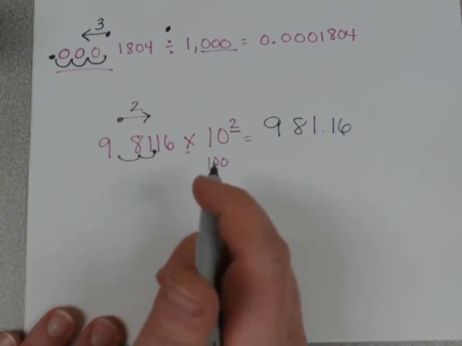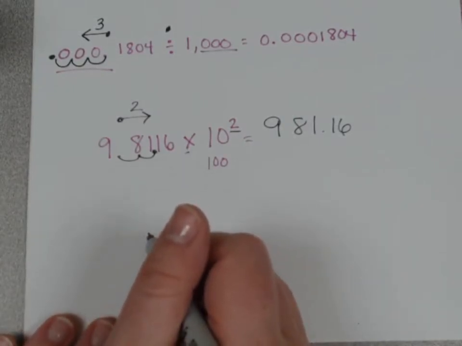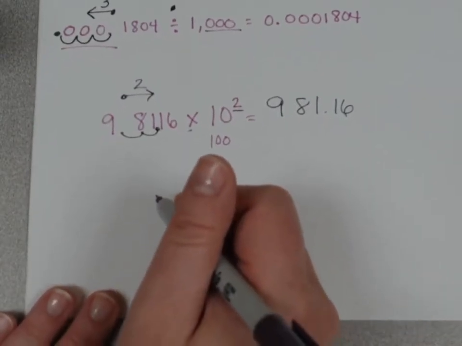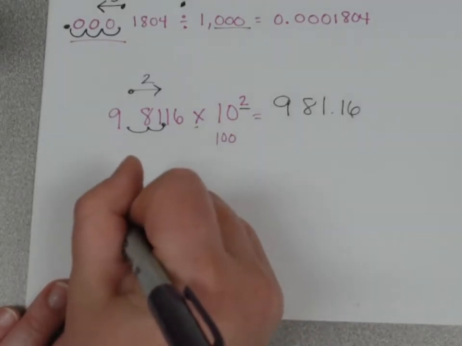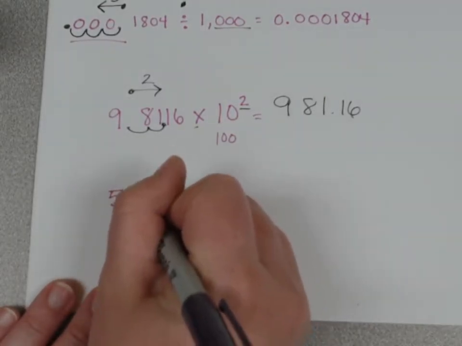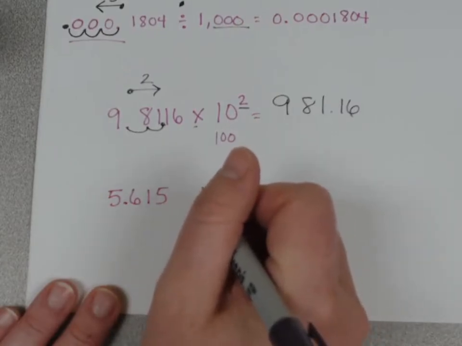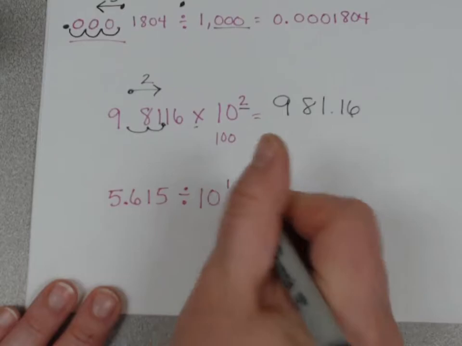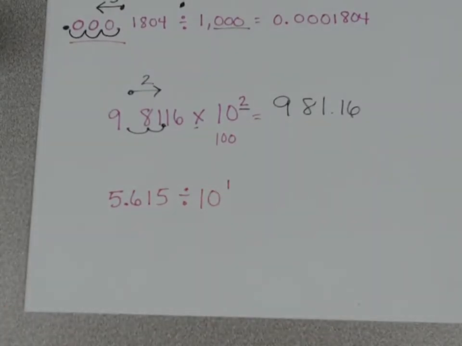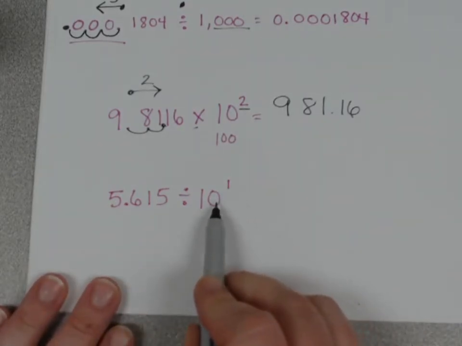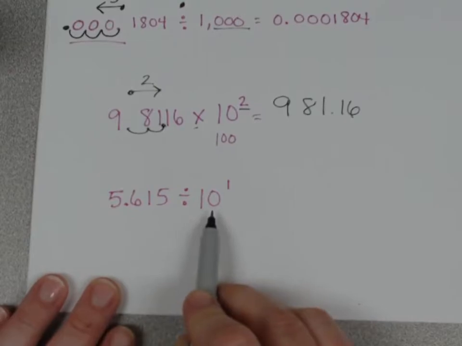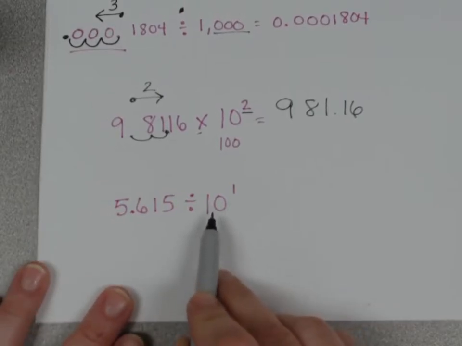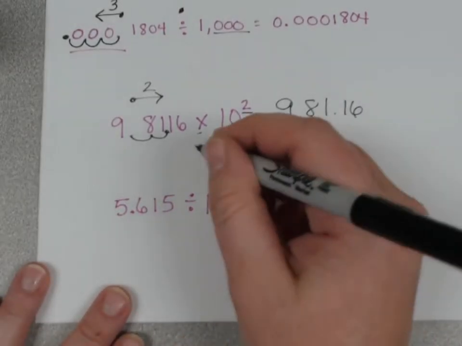And if you were to do this with a division problem, 0.615 divided by 10 to the first power. All right, now they can use their chart, they can do whatever, but they see that if I'm dividing by 10 to the first power, which is just 10, same thing.